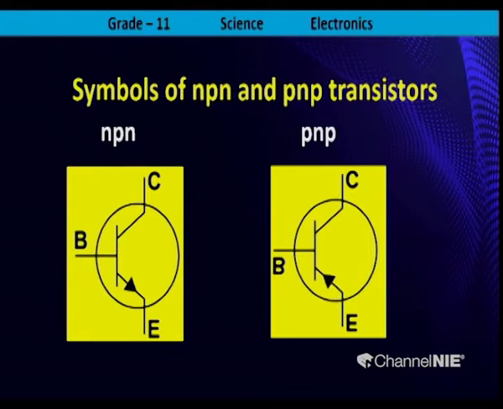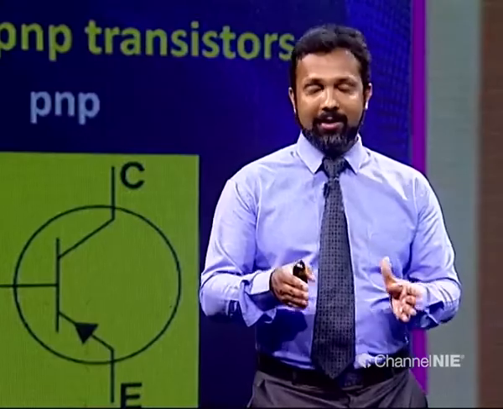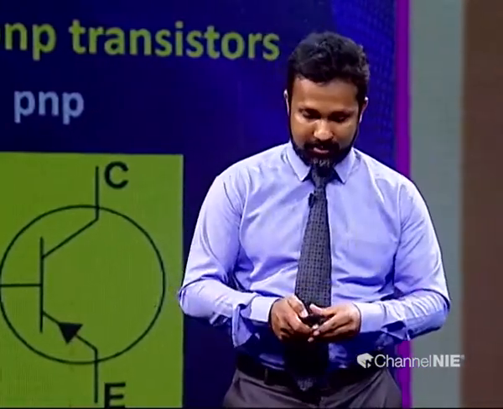But when we draw our attention to the PNP transistor, the arrowhead is pointed away from the emitter. That's the main difference that we can see among the symbols of the NPN transistor and PNP transistor.